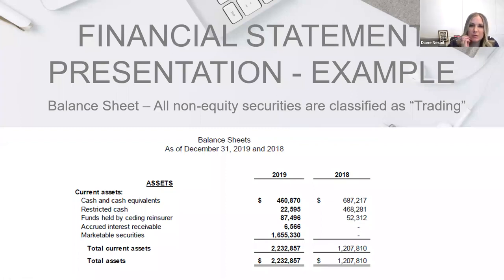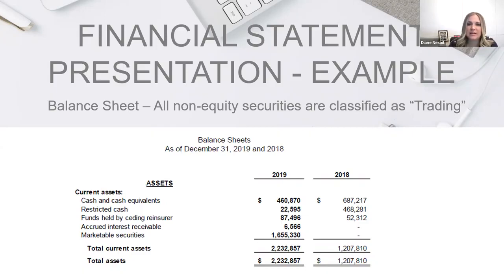So here, the way this was presented is all marketable securities are presented on one line item on the face of the balance sheet. Now, if you remember previously, I mentioned that you do still have to present or disclose these items by their type, be it stocks or bonds or that nature, and then also by the classification, be it equity, trading, or available for sale.